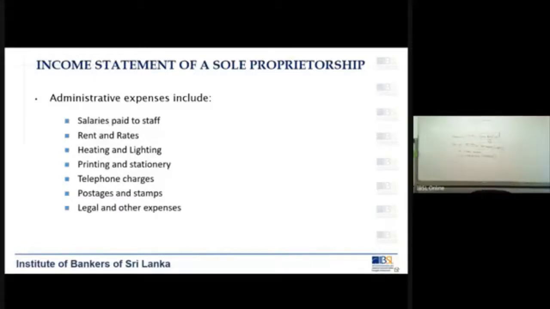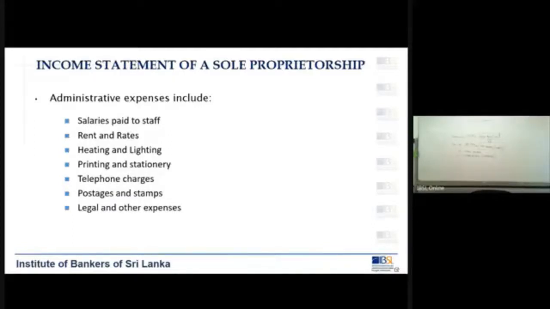In order to run your business, you will have certain administrative expenses, and those are the salaries paid to your staff. Rent and rates. Heating and lighting, which means all the electricity that you are going to use, will be included in that.